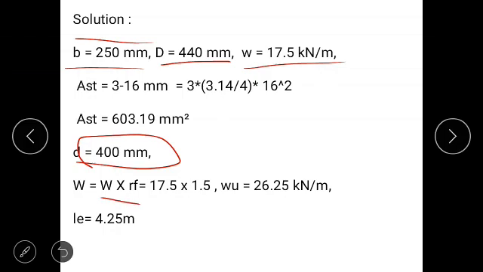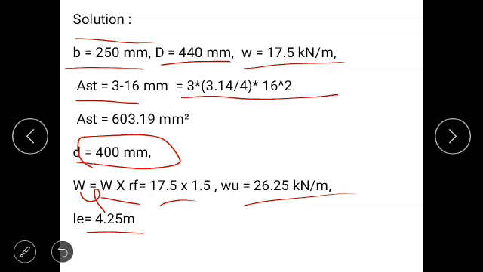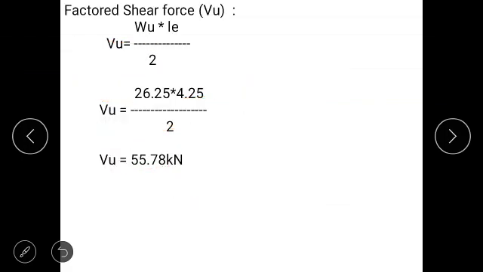If we have to calculate WU, then WU is W into gamma F. So 17.5 into 1.5, that is 26.25 kilonewton per meter. And L effective is given, 4.25 meter. AST, 3 bars of 16 mm diameter. So 3 into pi by 4 into 16 square. So AST is 603.19 mm square.